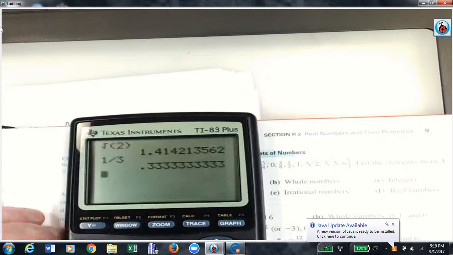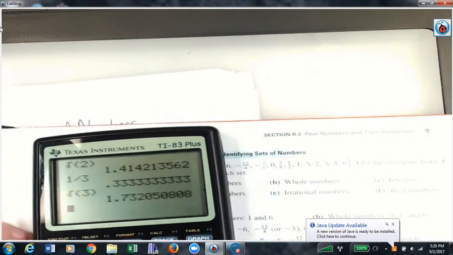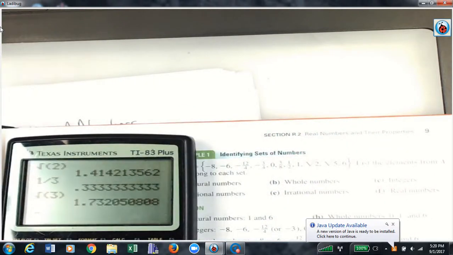What do we reckon about the square root of 3? I'm going to say that the square root of 3 is irrational because my calculator is taking it to 9 decimals, so I'm going to guess that that is irrational. And of course, if the square root of 3 is irrational, so is the negative square root of 3.